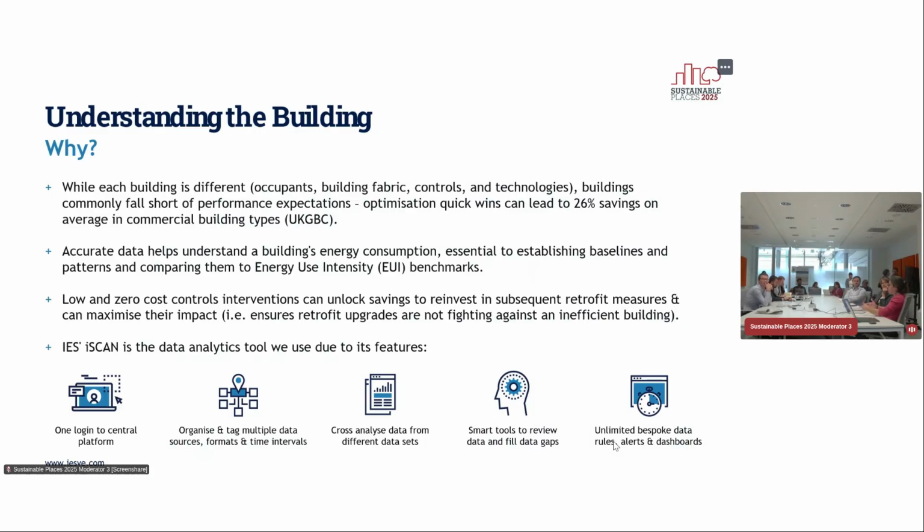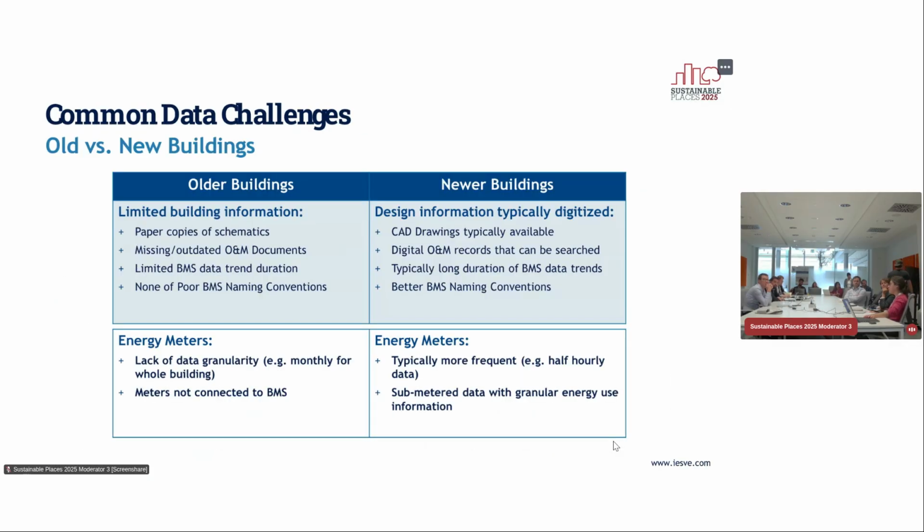That money can then be reinvested into capital expenditure and ultimately increase the impact of future retrofitting measures. One thing that we do to understand the buildings better is use our software, iScan, which lets us grab different data sources and then interrogate that data to visualize the patterns and understand what is going on in the building.